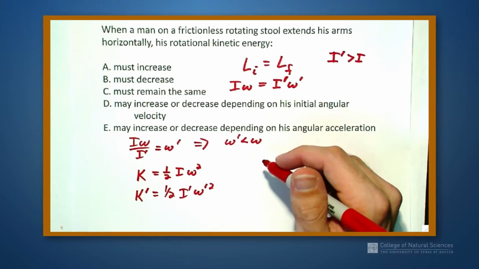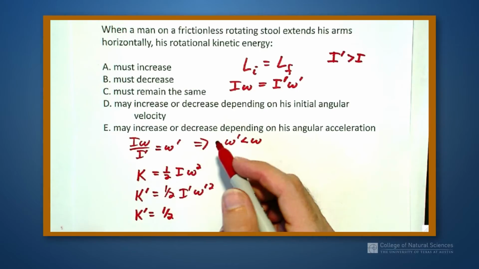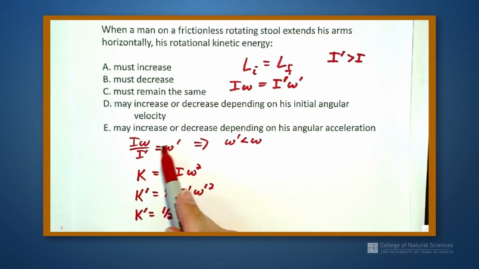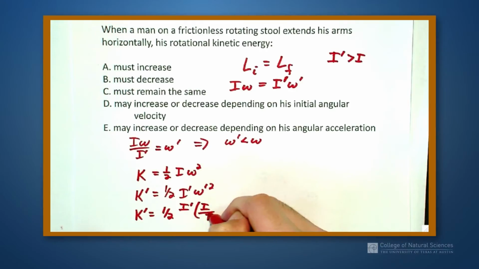I'm going to rewrite K prime as 1/2 I prime times I over I prime omega, and that inside the parenthesis is omega prime.